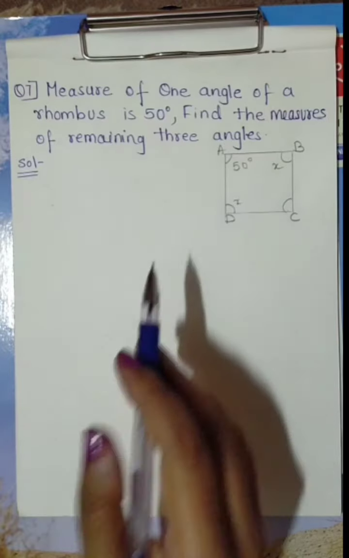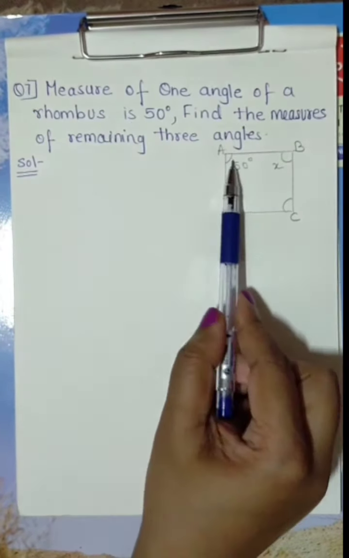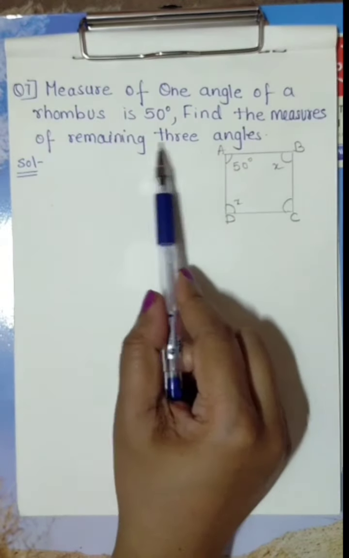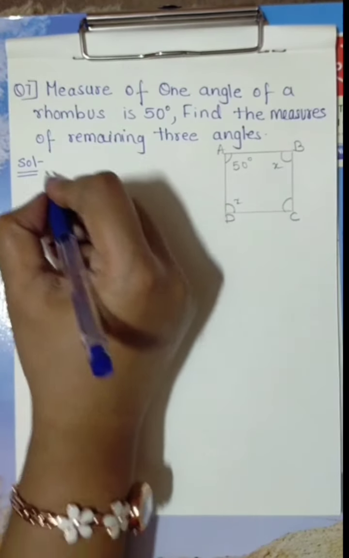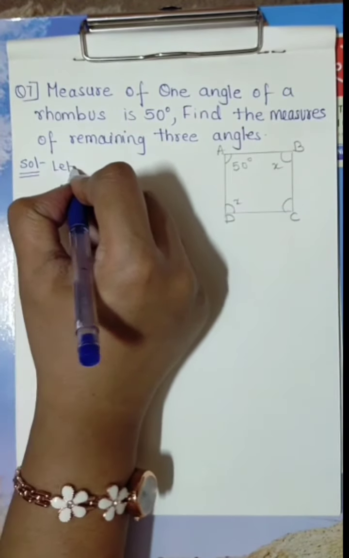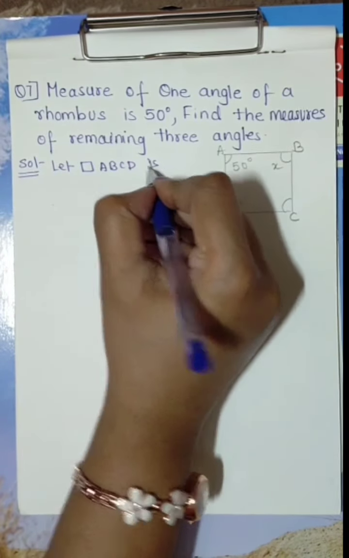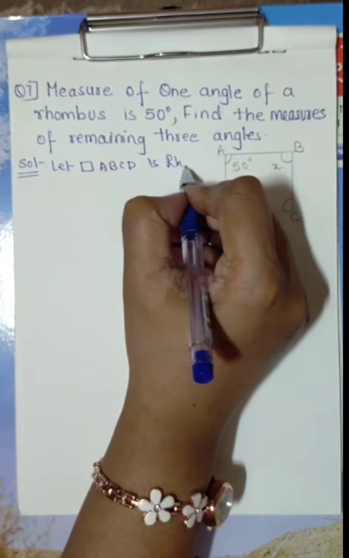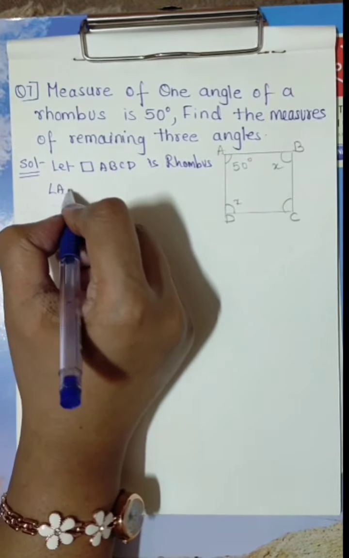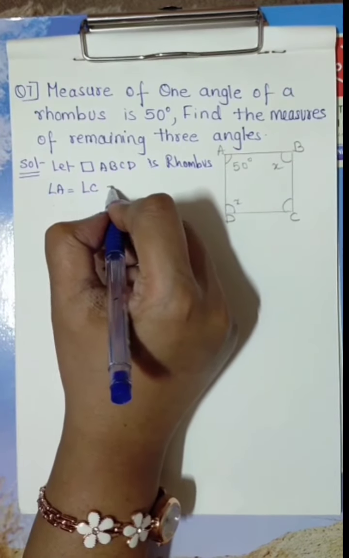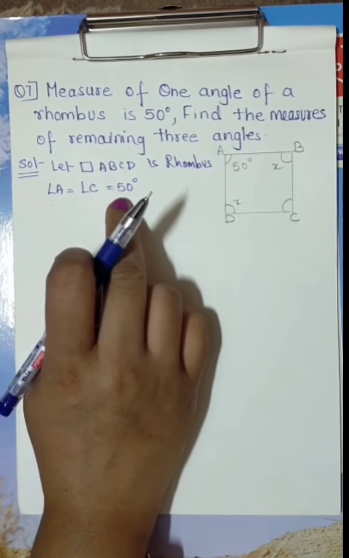So I am writing here, let quadrilateral ABCD be a rhombus. Angle A is equal to angle C, that is 50 degree. Angle A is given 50 degree, so angle C is also 50 degree.